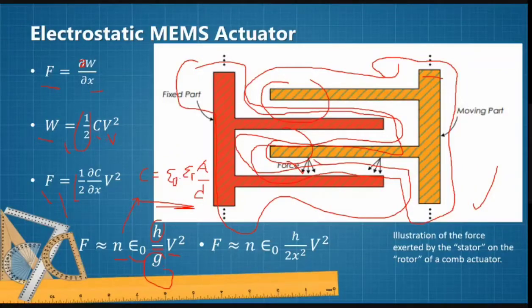And in the case of the gap closing actuator, where the displacement of one plate is in the direction of the other plate, as in the previous slide, the force is given by F equals or close to epsilon null h divided by 2x square times phi square.